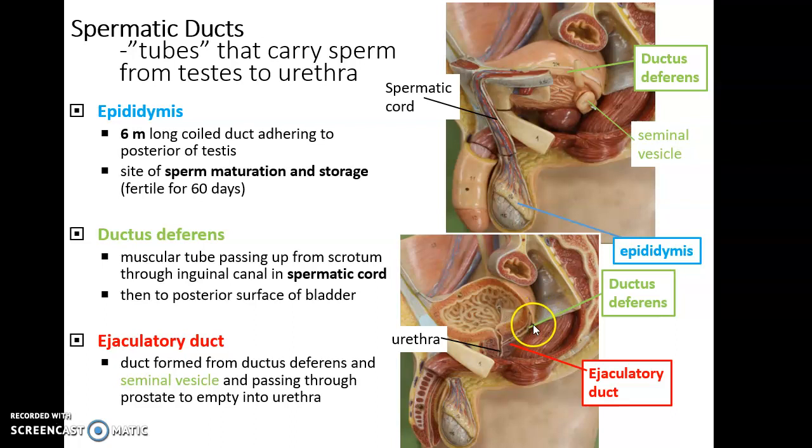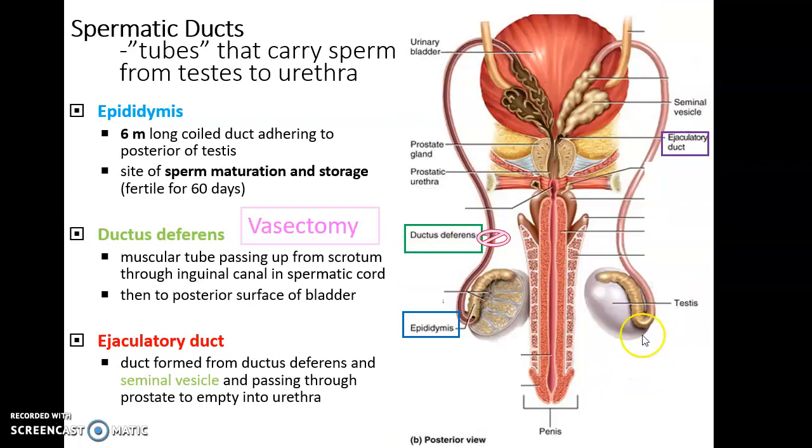The ductus deferens then sends the sperm through what's called the ejaculatory duct, which connects up to the prostatic urethra. So ejaculatory duct, very short, carries the sperm during ejaculation into the prostatic urethra. And then, of course, through the prostatic urethra into the penile urethra and then out of the body. So epididymis, ductus deferens, ejaculatory duct, prostatic urethra, penile urethra.